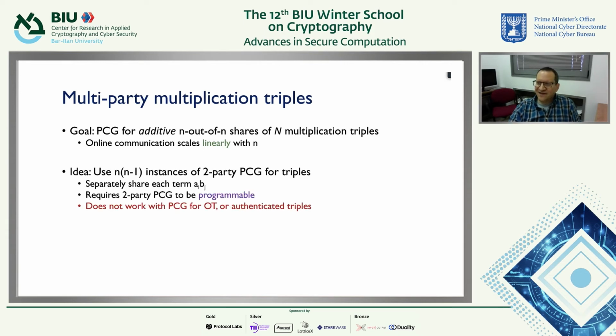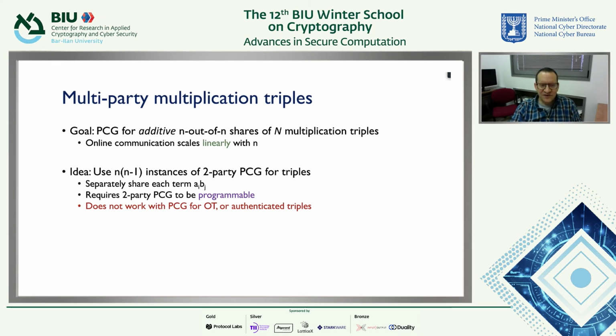So we can do it in a not completely black box way by relying on the two-party PCG. The extra property of the construction of the PCG that we rely on is that we can mix and match. So we can take the same A that we split between one pair of parties and use it also to split it between another pair of parties. Okay, so the same secret vectors that we share.